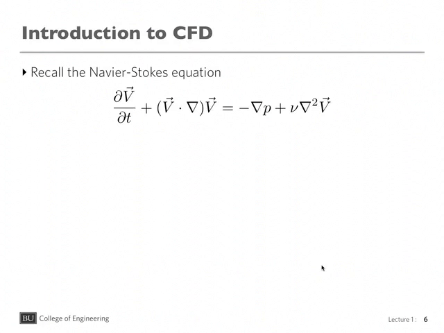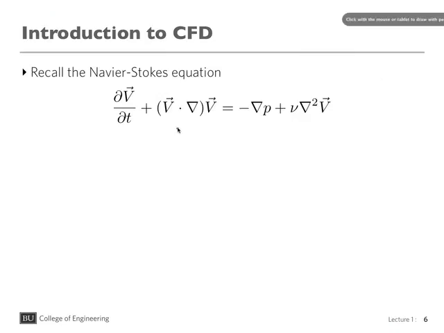So on the left-hand side of that equation, we have the acceleration terms. Okay, this is the acceleration for a small infinitesimal element of fluid. This term is what we call the unsteady term. It indicates the change of velocity with respect to time. And this term is what we call the convective acceleration.